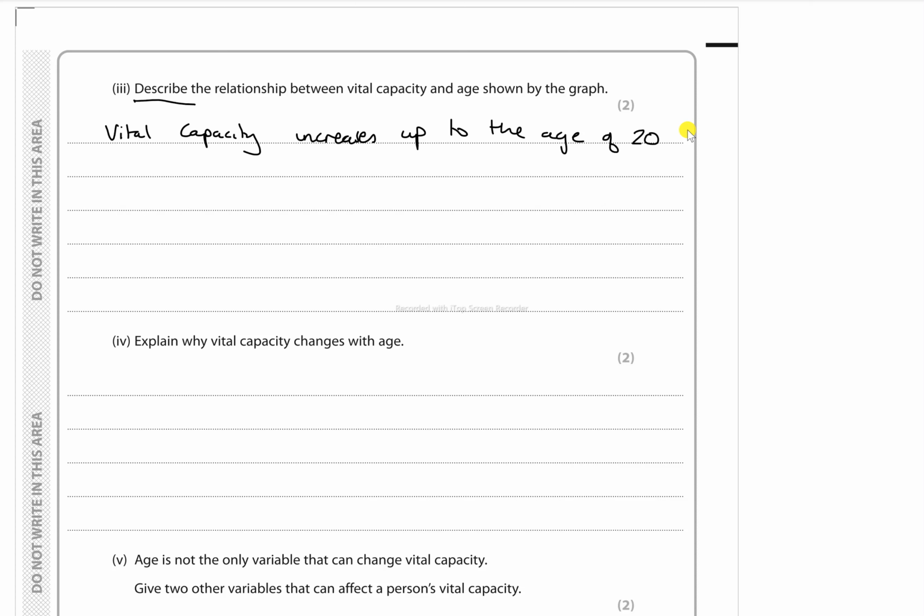Right, okay, so this is the describe part. It then levels off between 20 and 25 years, and then from the age of 25 to 80, it decreases steadily. Yeah, okay.